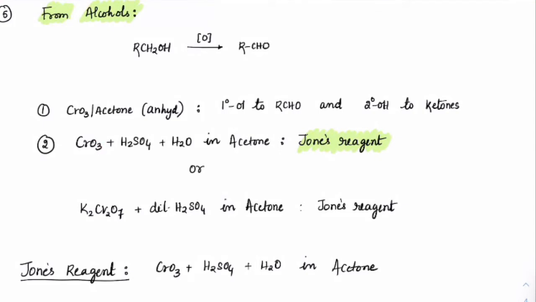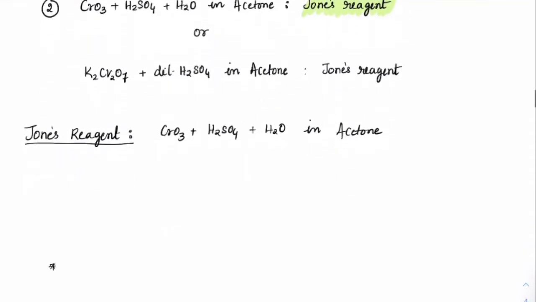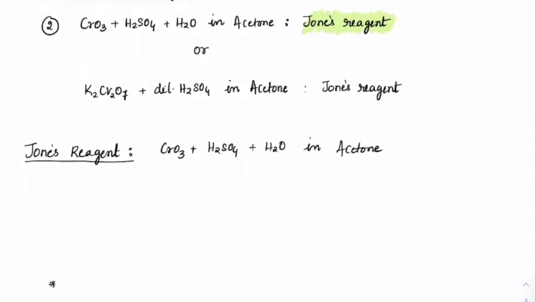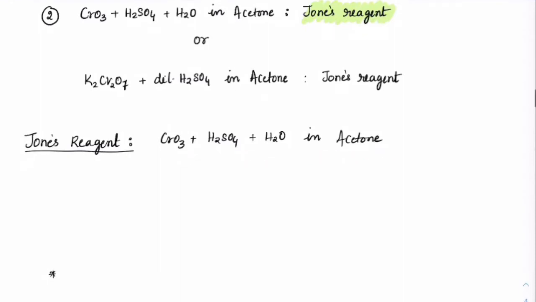So whichever way you write it, it is Jones reagent only. What exactly are we expecting in Jones reagent? CrO3 in H2O and H2SO4 in acetone is Jones reagent, where if you have primary alcohol RCH2OH, it will convert into acids.